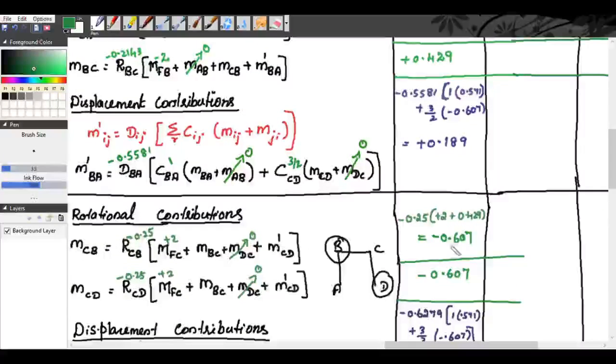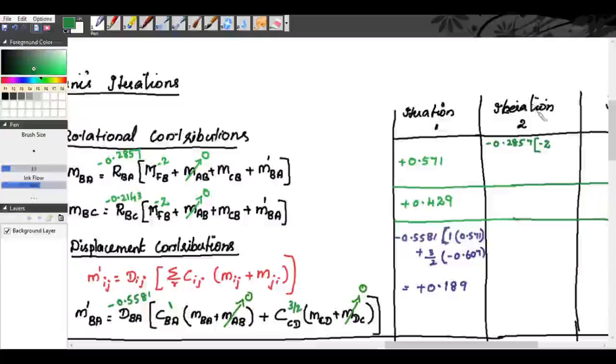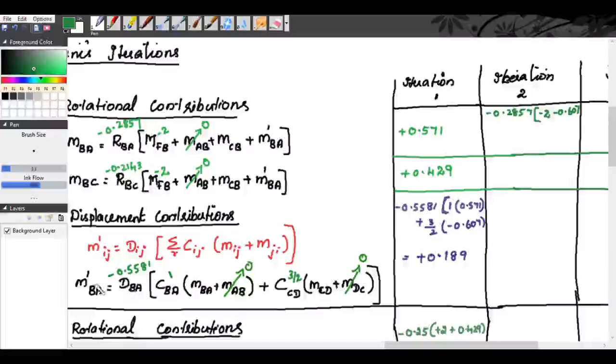MCB, in the previous iteration, we obtained it as minus 0.607. So, minus 0.607 plus M dash of BA, we have obtained M dash of BA as plus 0.189. So, we get for the second iteration, MBA is equal to plus 0.691.